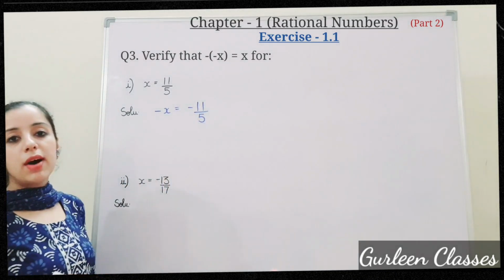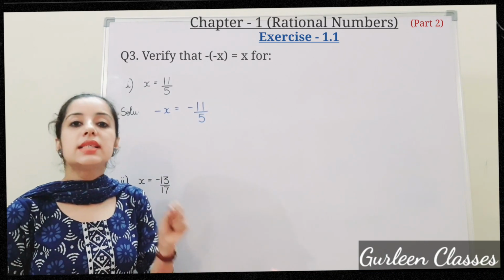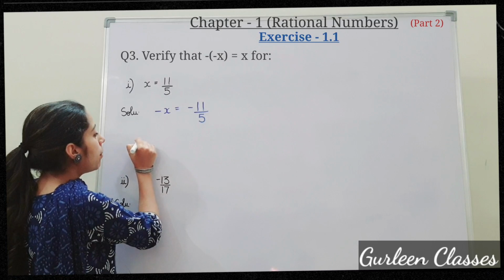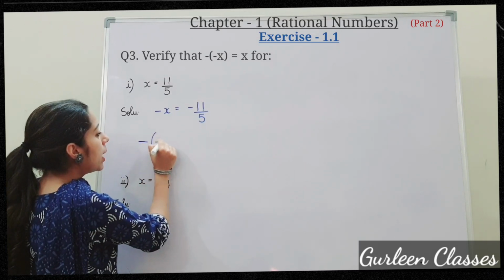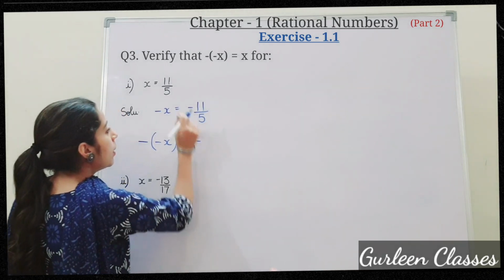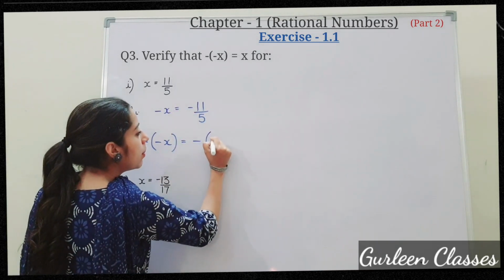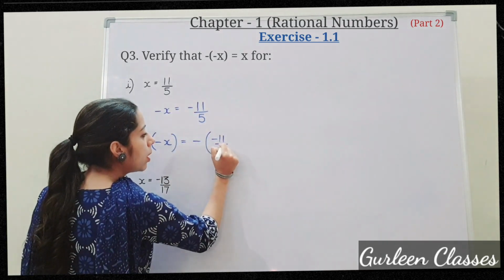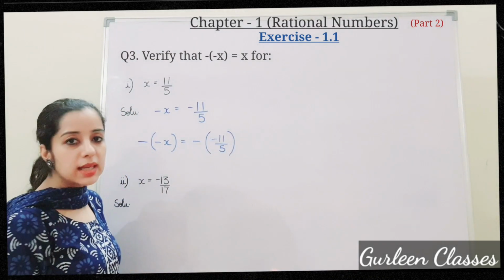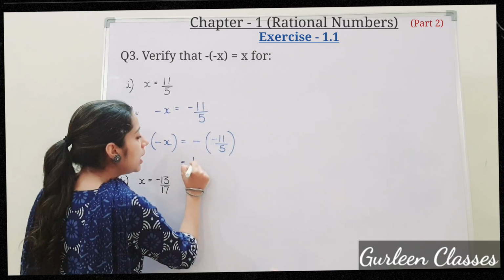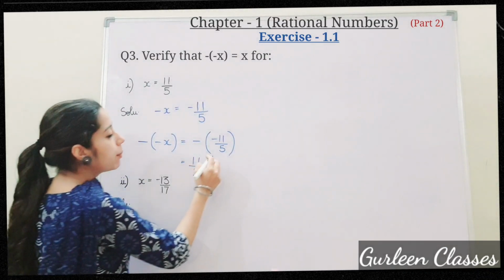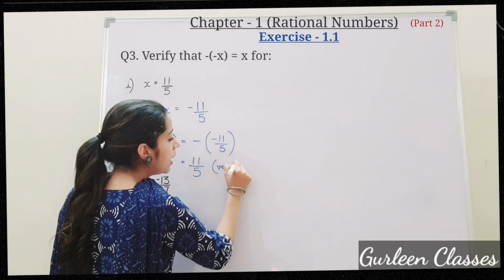We have to verify minus of minus x is equal to x. So let us write here minus of minus x. The value of minus x is minus 11 upon 5. Minus of minus, we have plus. So the answer is 11 upon 5. So x is equal to 11 upon 5. It is verified.